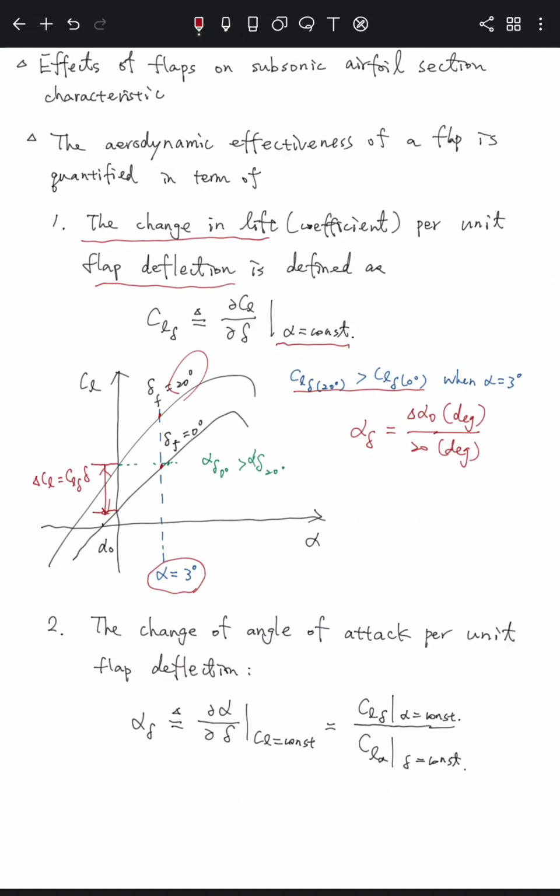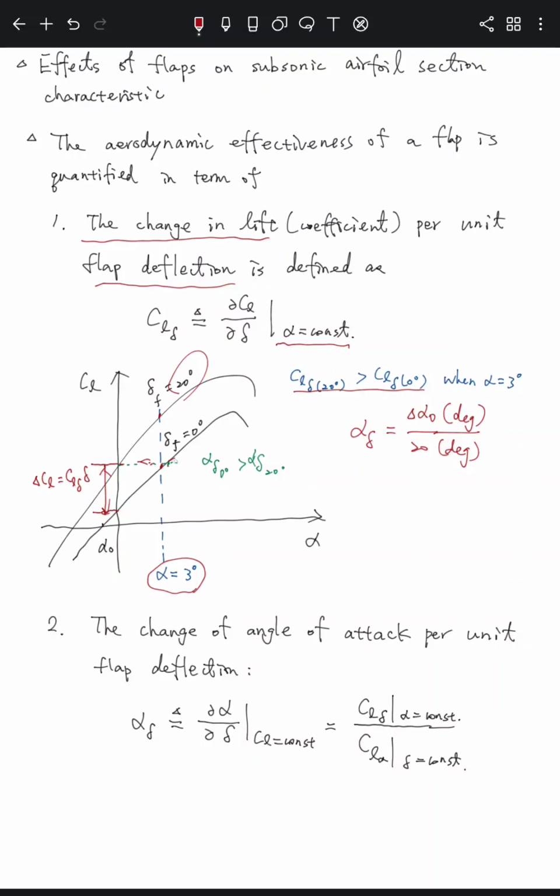The second effect is the change of the angle of attack per unit flap deflection. This time we follow the green line here.